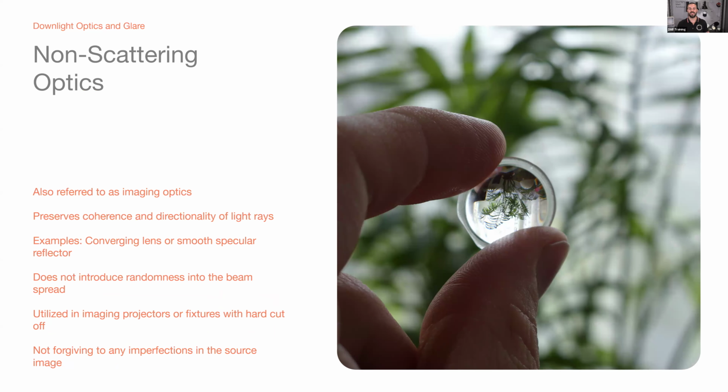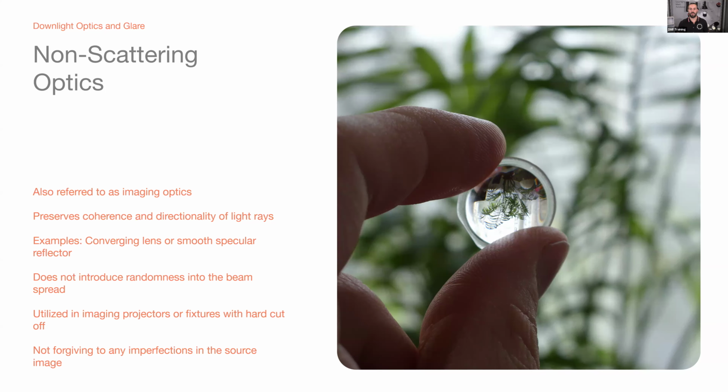These are all the types of lenses that make up a camera lens. They also make up certain types of spotlights. So if you have a framing projector in a museum application, or also image projectors where you're able to project gobos or images out of a light fixture, these all are going to use non-scattering optics.